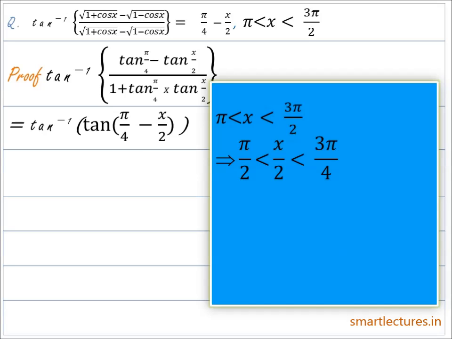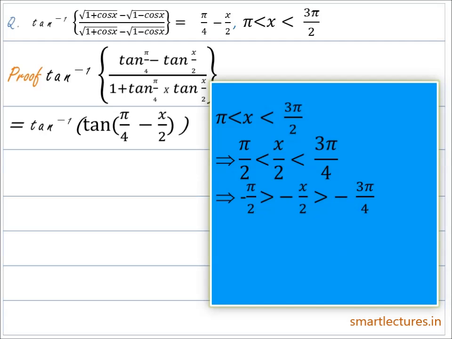Now if we multiply each side of this inequality by minus, the new inequality becomes minus half pi is greater than minus half x and minus half x is greater than minus 3 pi upon 4. Here you can see that the sign of inequality has changed, because when we multiply each side of an inequality by a minus sign, the sign of the inequality changes.